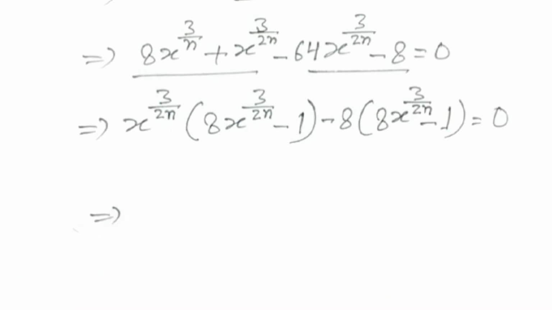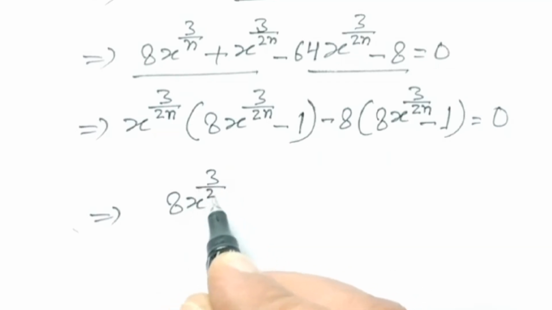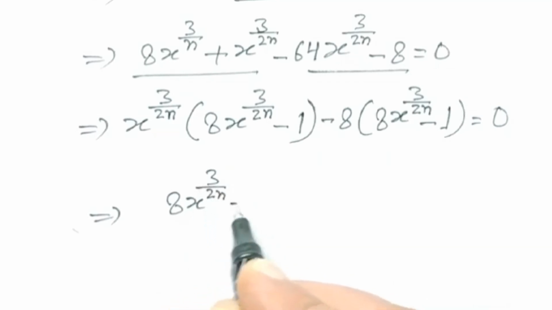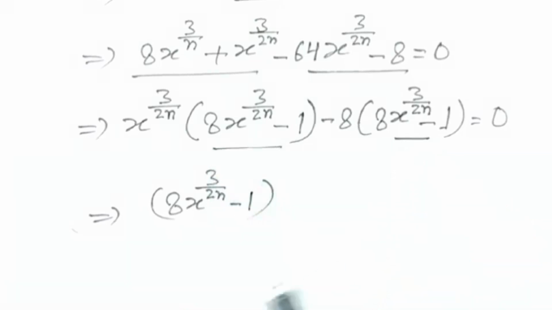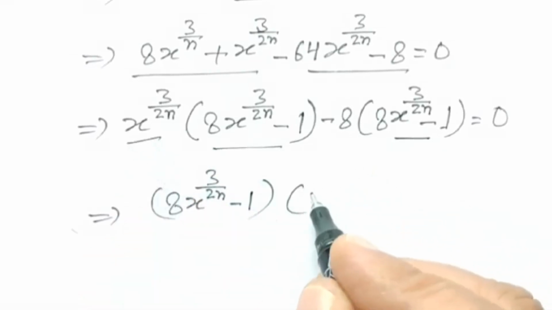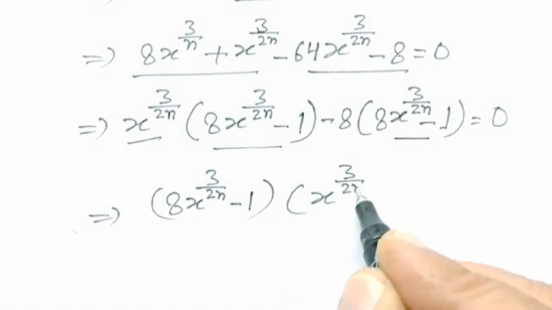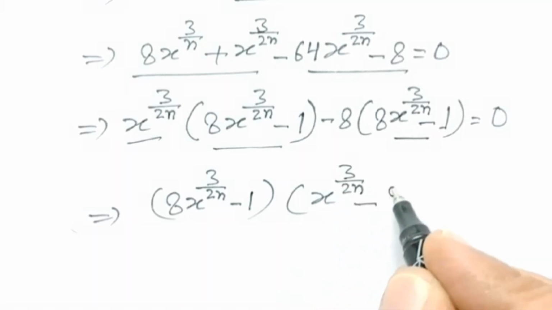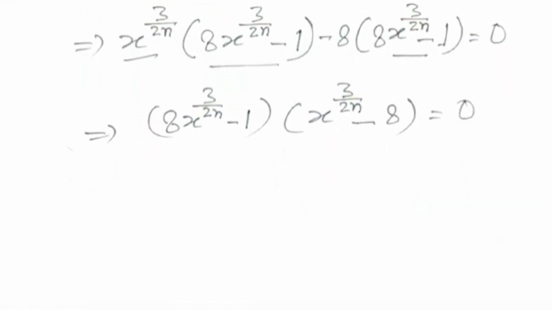Now 8x^(3/2n) minus 1 is common to both, so we have remaining x^(3/2n) minus 8 is equal to 0.